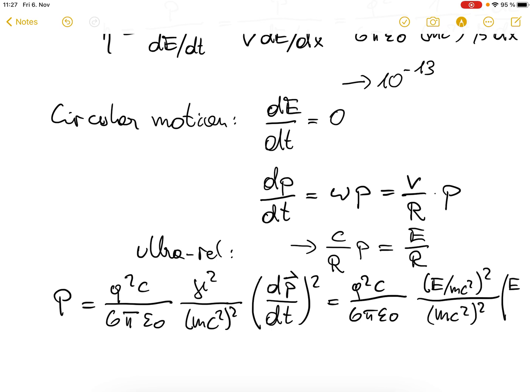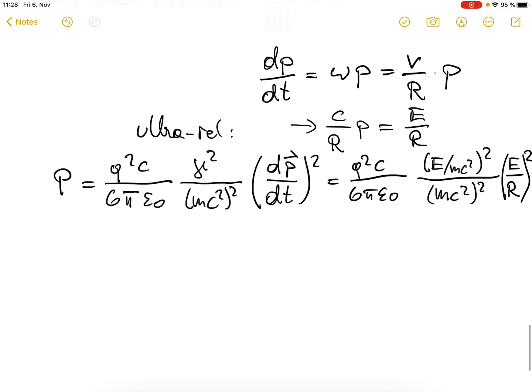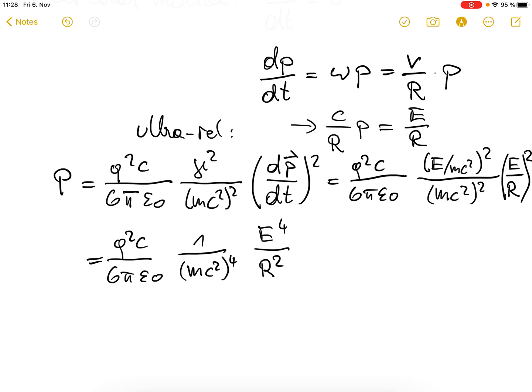If you think for a moment, you will realize that the directions of the vectors work out, so that we can compute the vectorial dp with respect to dt squared with the scalar quantity we've computed above. And it remains to be written one more time: 1 over mc squared to the 4th times E to the 4th divided by r squared.